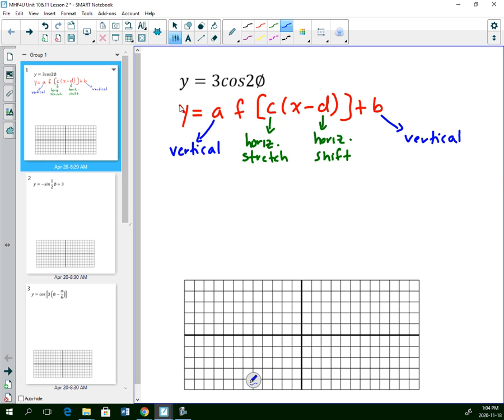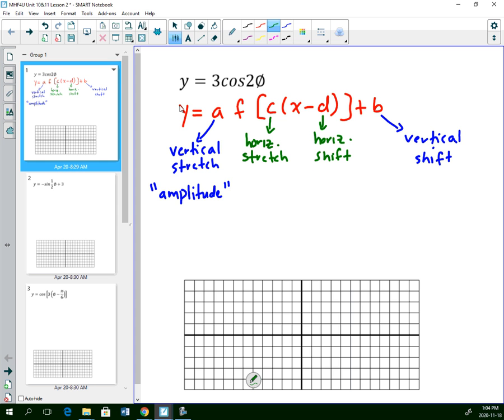And likewise with the vertical, anything multiplied is a stretch or compression. Anything added or subtracted is a shift. Okay? The vertical stretch in trigonometry is referred to by a different name, the amplitude. The vertical shift is the vertical shift.